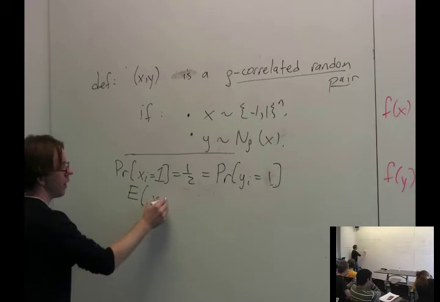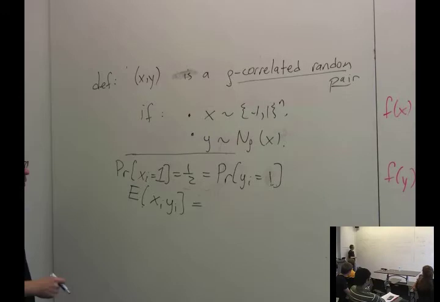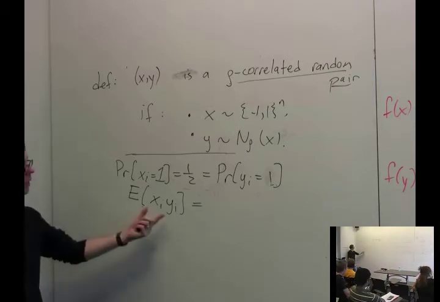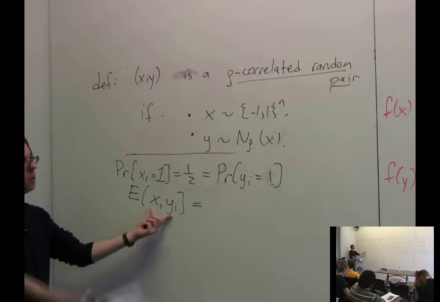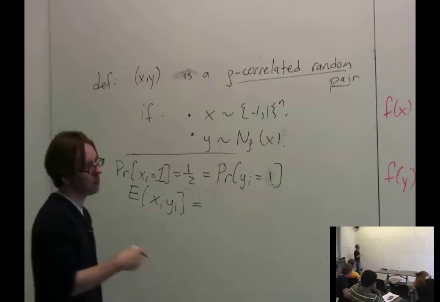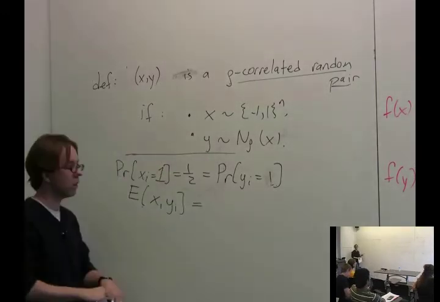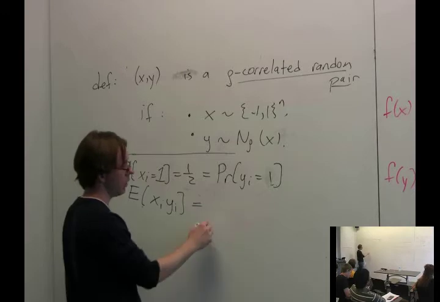We can also calculate the expected value of x_i y_i. To calculate this, you can see that with probability rho, these are equal by definition, in which case you'll get 1. And then with probability 1 minus rho, they're uncorrelated, so the conditional expectation is 0. So you just get rho times 1, which is rho.